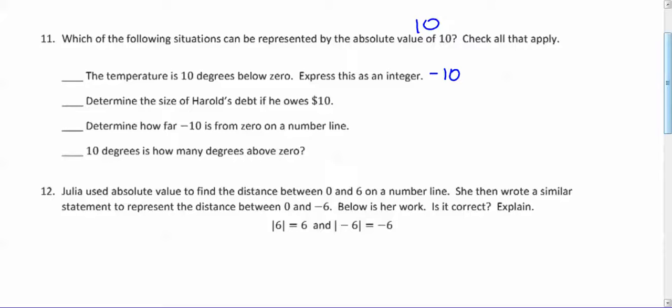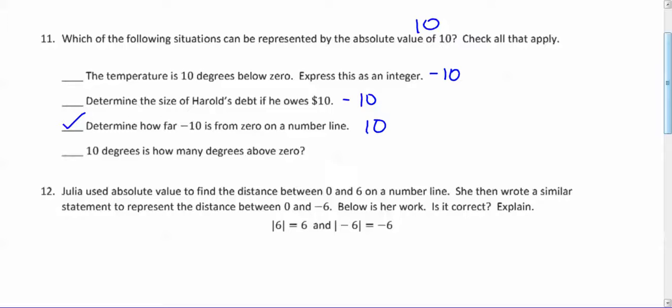All right, determine the size of Harold's debt if he owes $10. It's negative 10. Nope. All right, determine how far negative 10 is from 0. 10 hops. Does that work? 10 units, right? So that's going to be 10 units left, but it's still 10, so we're going to check that one off. Why am I not checking the others?